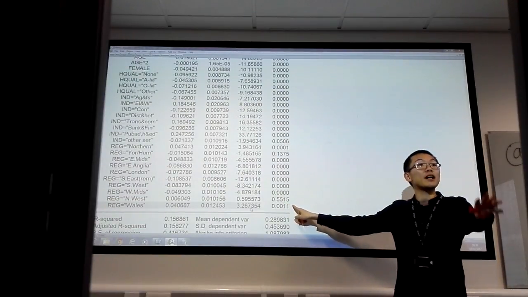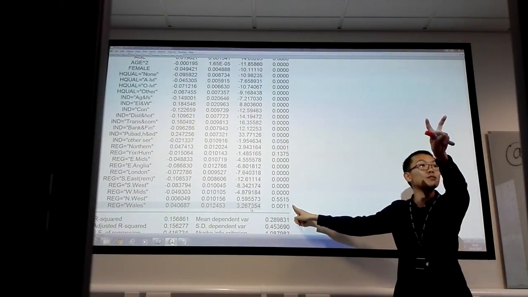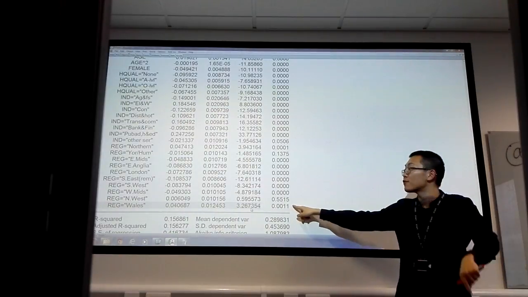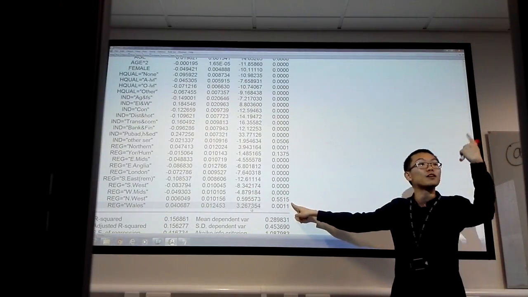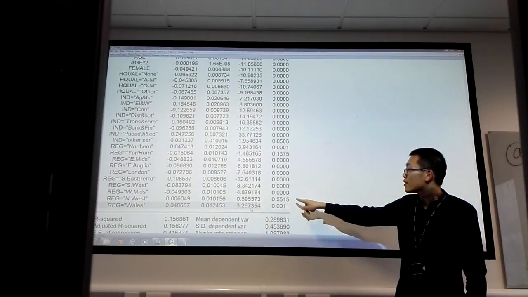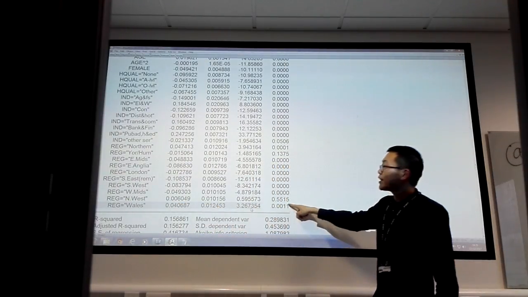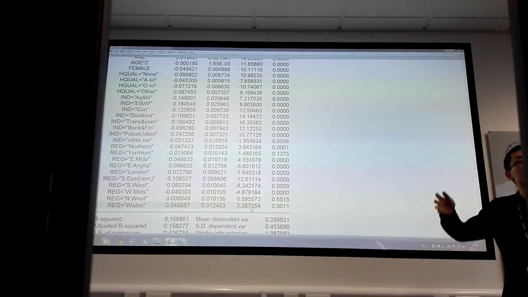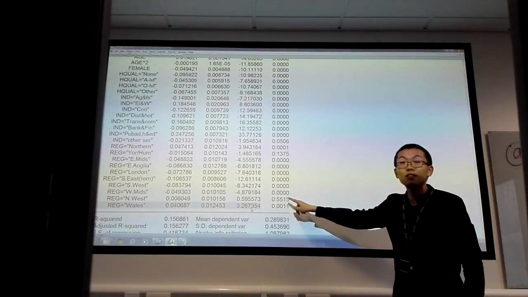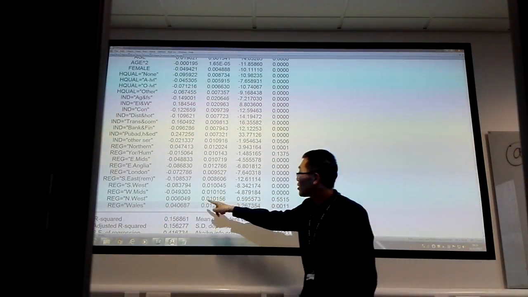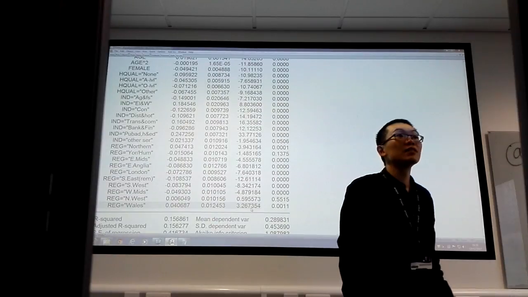That basically means that comparing a pair of similar cohorts, one from the northwest region and the other from our reference category, Scotland, statistically they have roughly the same likelihood of deciding to join the labour union, because this is statistically insignificant, although we got some positive number here.